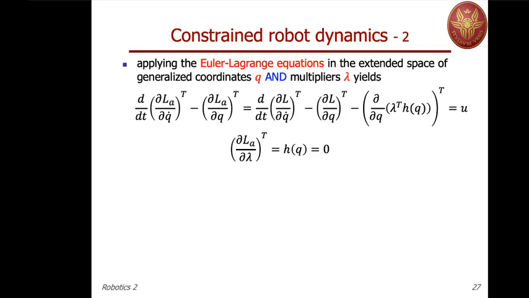Now, when we do the derivation with respect to lambda, lambda dot is not present, so this term vanishes. So we have only minus the partial derivative of the augmented Lagrangian with respect to lambda. And when we do this, we will get again h of q, because the augmented Lagrangian is linear with respect to lambda, and this is equal to 0.